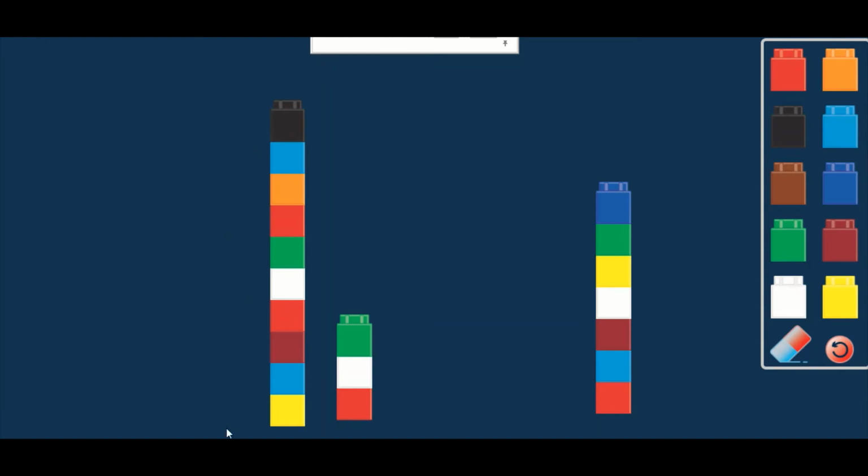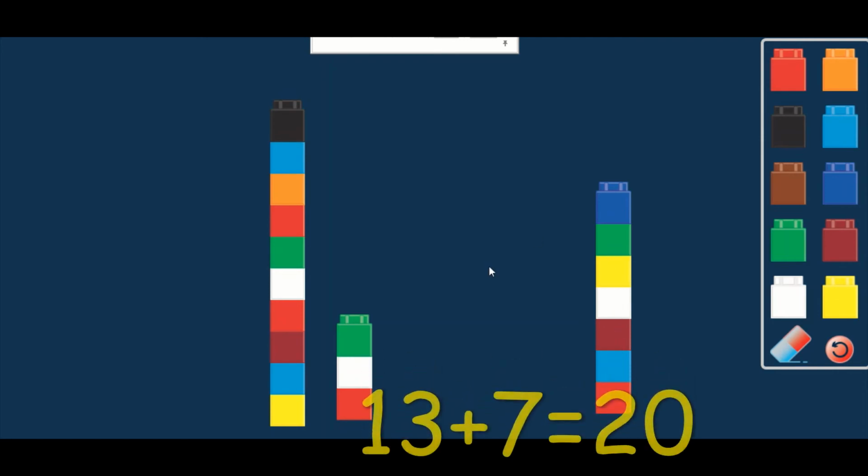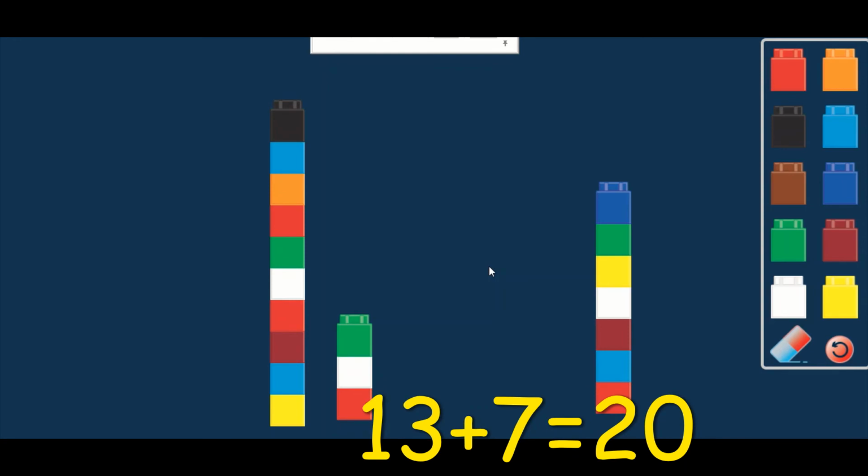So here we have a 10. So that's 10, 11, 12, 13. 13 plus 7. So once again, we're going to count on. So we're going to start with 13 and then just count on. So we have 13, 14, 15, 16, 17, 18, 19, 20. So therefore we know that 13 plus 7 equals 20.